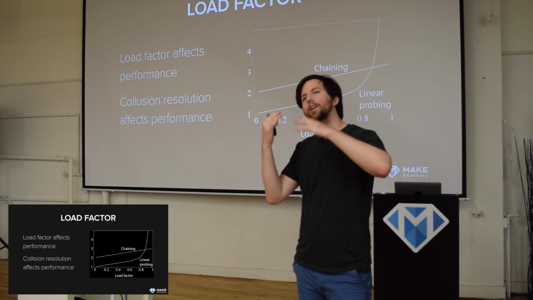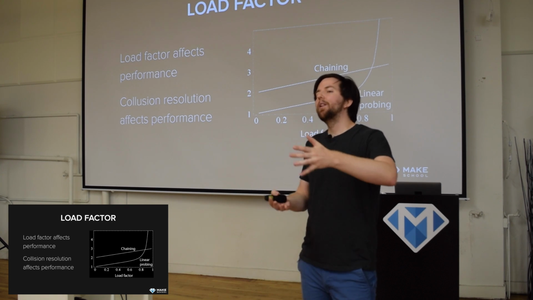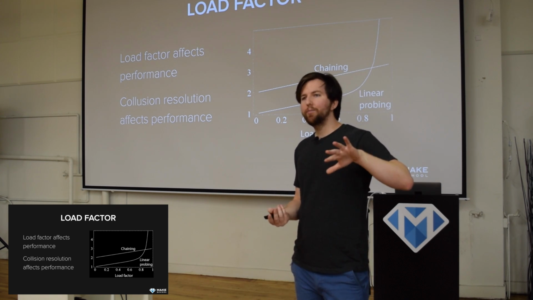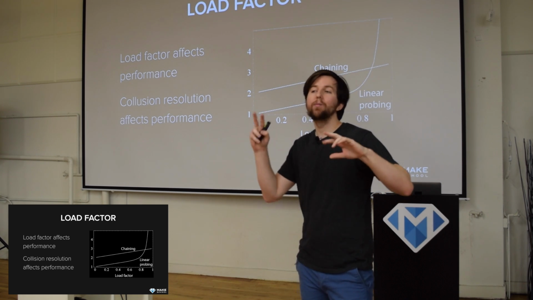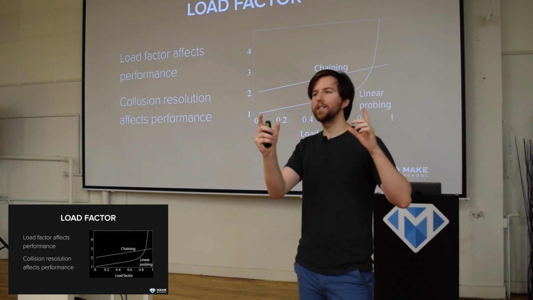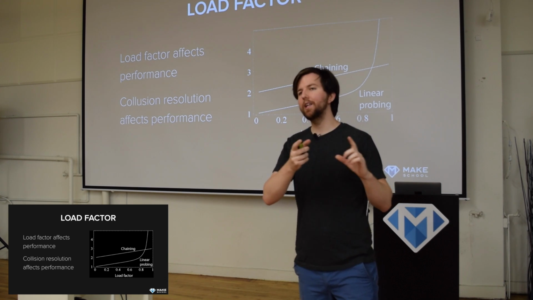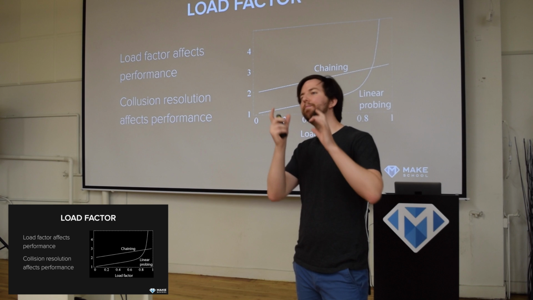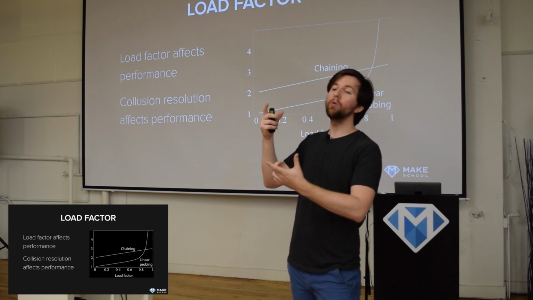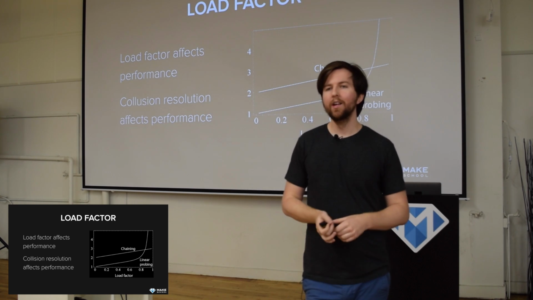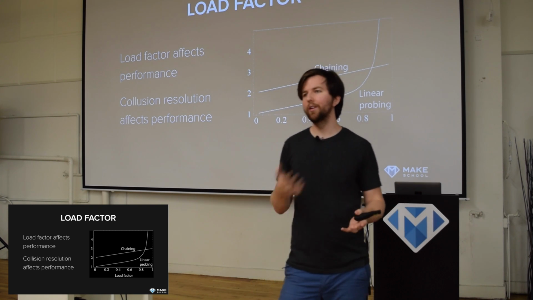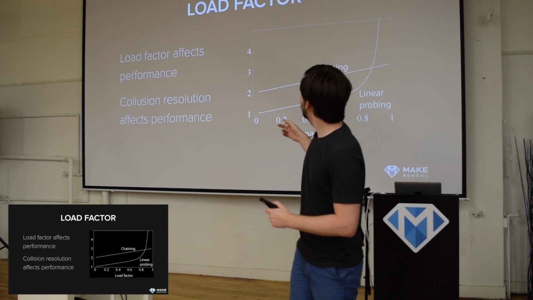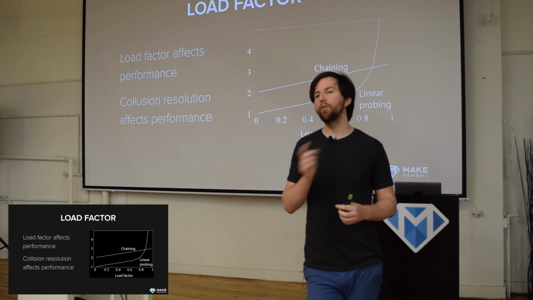So if you have 50 elements in an 8-bucket hash table, maybe each bucket is full, but it can't actually be totally full because remember, it's a linked list. And with linked lists you can always append to the end, and that memory does not have to be contiguous. It can be added anywhere. So your chaining hash table can never actually be truly full, but just like with linear probing, the performance will decrease.